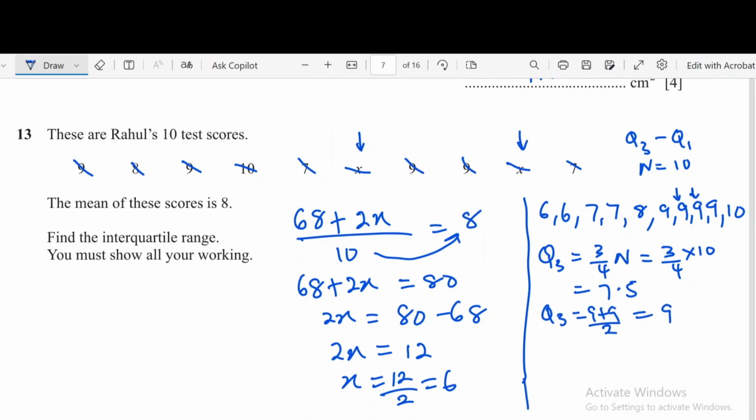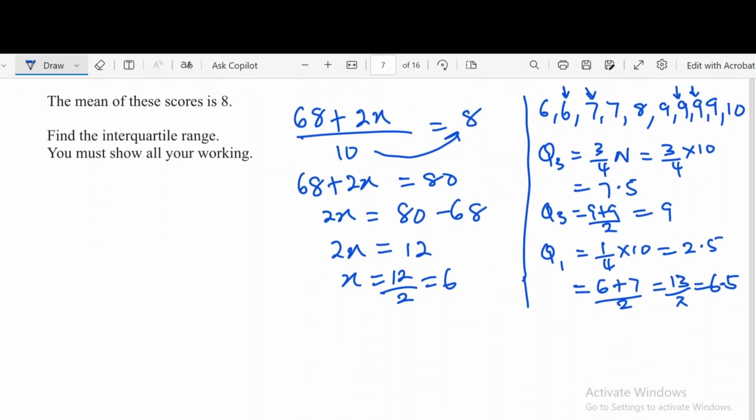Okay, so if we take the first quartile, that's 1 over 4 of the entire distribution, that will give us 2.5. Okay, that's the second and third position. This gives us 6 plus 7 over 2. That's 13 over 2, and 13 over 2 is 6.5.